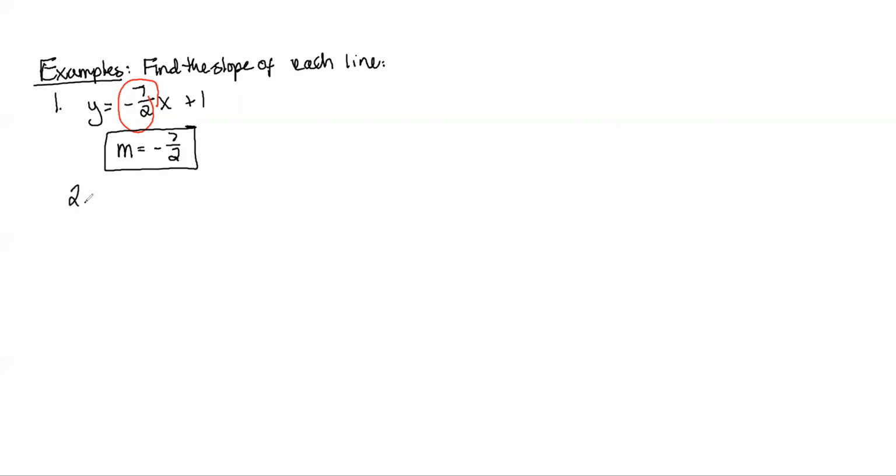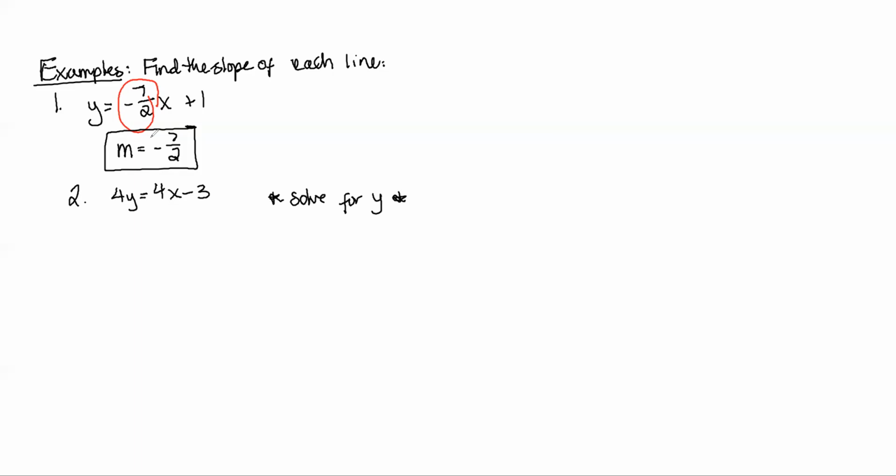What about if we're given one where it's not already in this form? So let's say we're given 4y = 4x - 3. Then what we want to do here is solve for y. We want to get y by itself so that we're in the form y = mx + b.